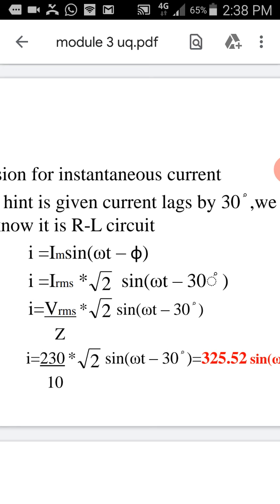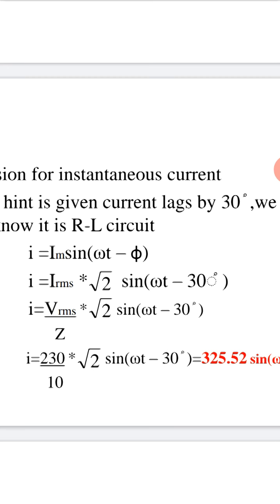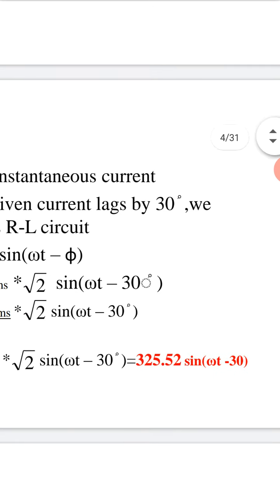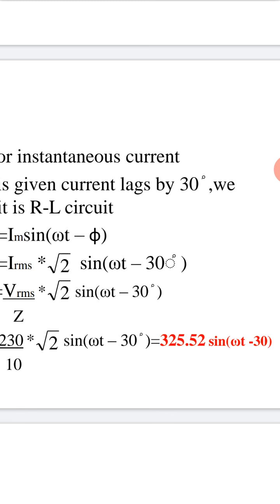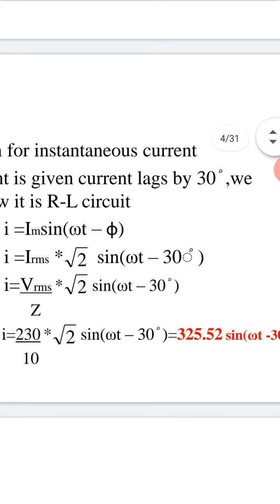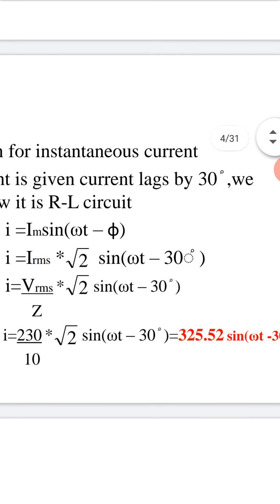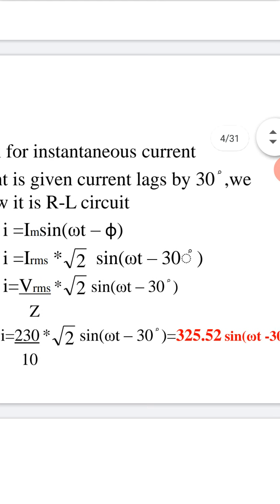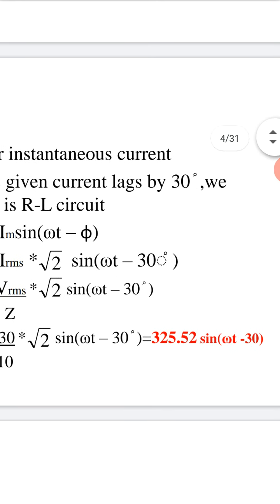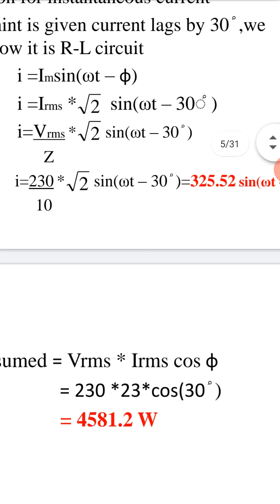I is equal to Vrms 230 divided by Z, which is given as 10, into root 2 sin omega t minus 30 degree. So 230 by 10 into root 2. So you get the answer here. The answer is actually 32.5, sorry, that is 32.552 sin omega t minus 30. So you have got the expression for current.